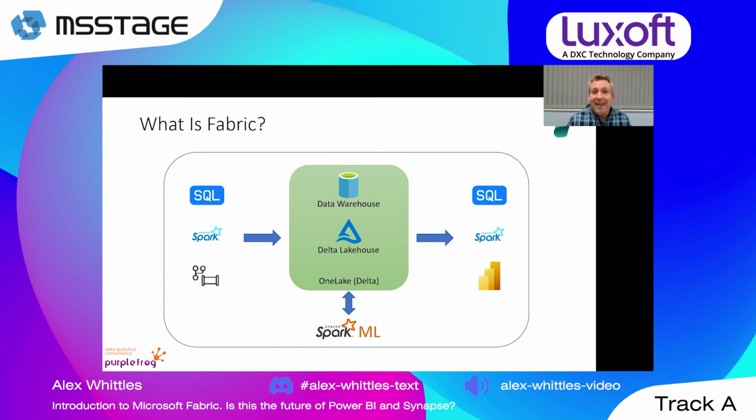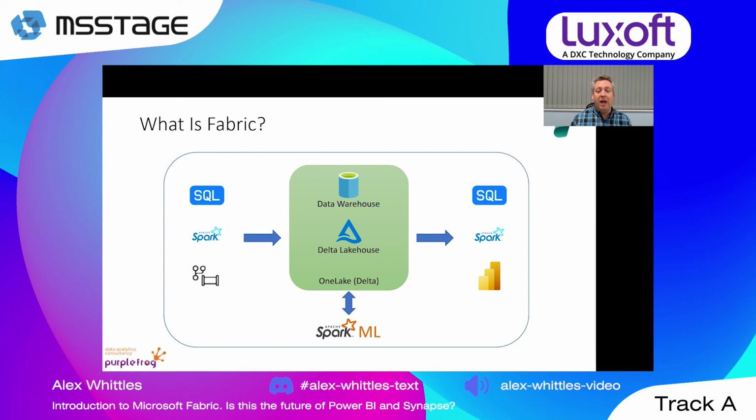So how do we get data in and out of this system? What's our ETL tool and our querying tools? Well, to get data in, you can use SQL, you can use Spark, you can use data flows, you can use pipelines. They all connect into these. Whether you have a warehouse or a lakehouse, the interface and compatibility is very, very consistent, but there are differences which we'll get to in a bit.